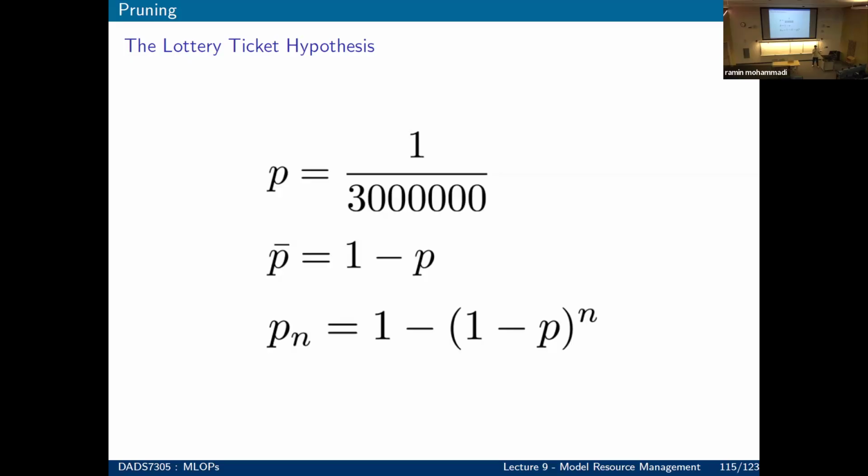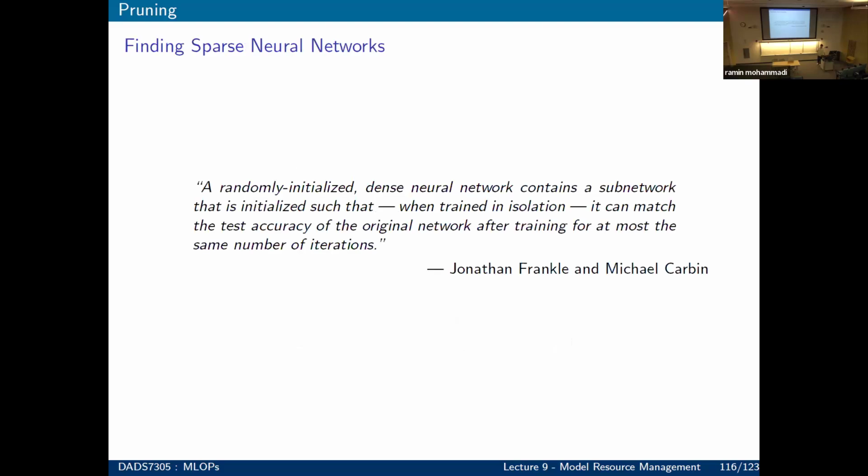So there's one pruned initialization of this neural network that, used on some data, will get the same result as the large model you trained over all of it. That's the idea of this lottery ticket hypothesis.